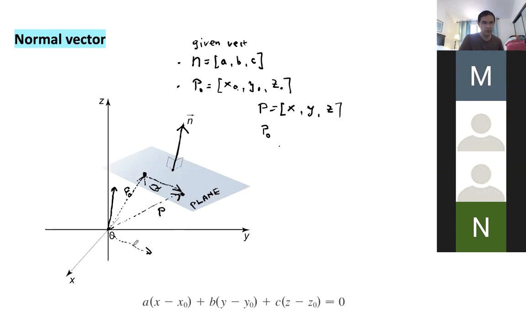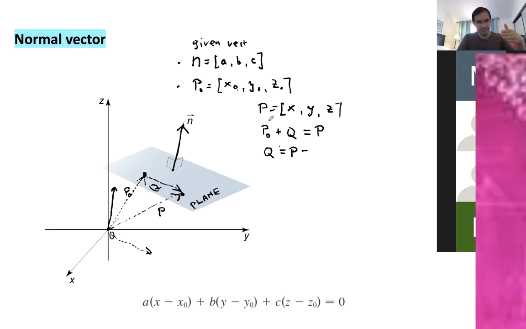That would be really the vector Q. So we know that P0 plus Q is equal to P. So let's compute this Q vector out of this equation. So Q is going to be simply P minus what vector? P0. So Q is P minus P0.